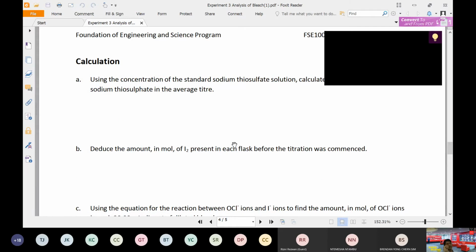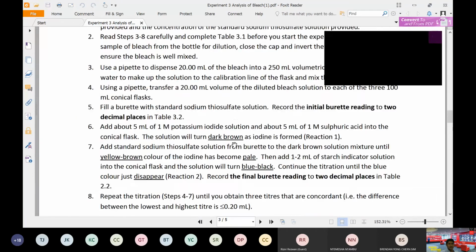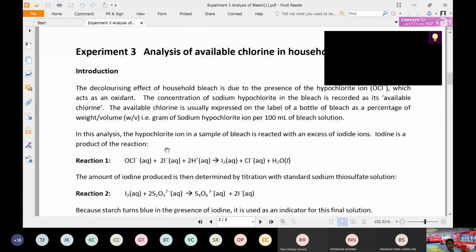In that conical flask, we are adding a bit of potassium iodide for the liberation of the chloride from the ion. And then the reaction happens as shown below, 1:2, right?